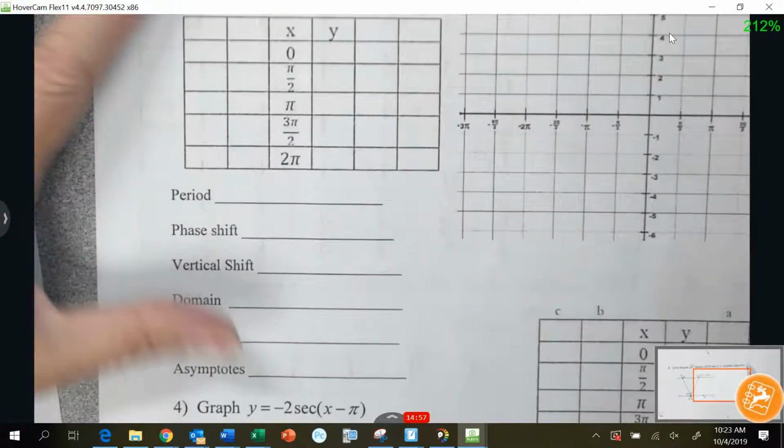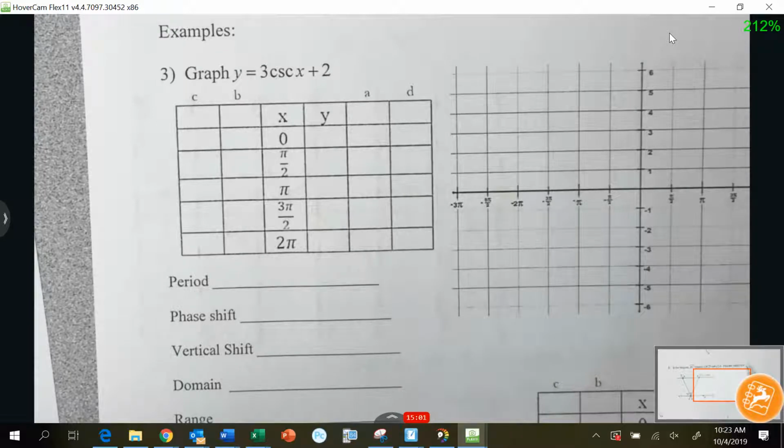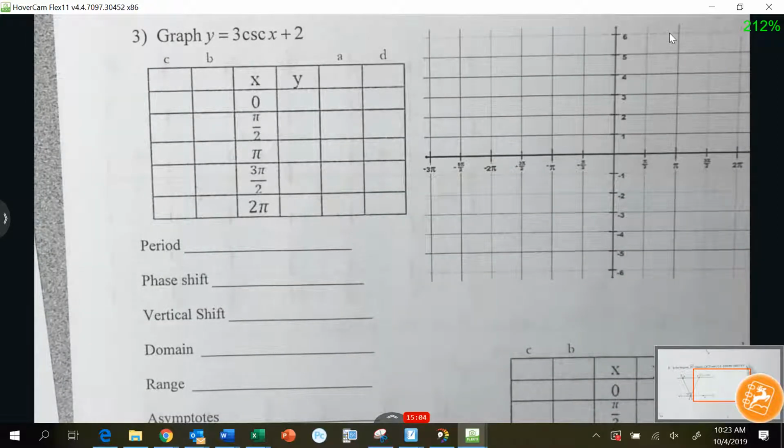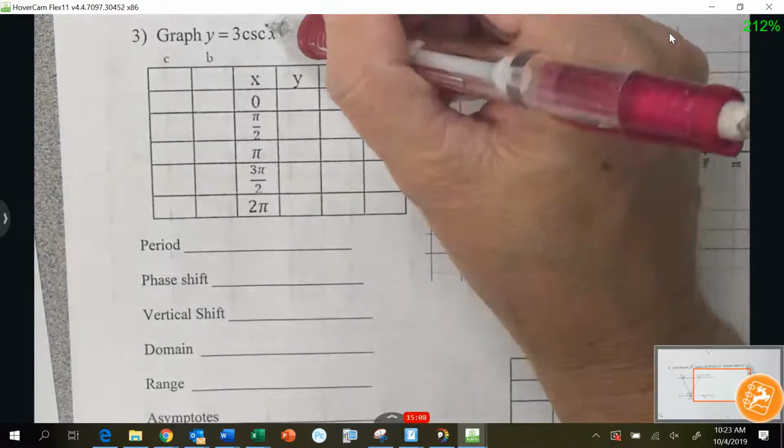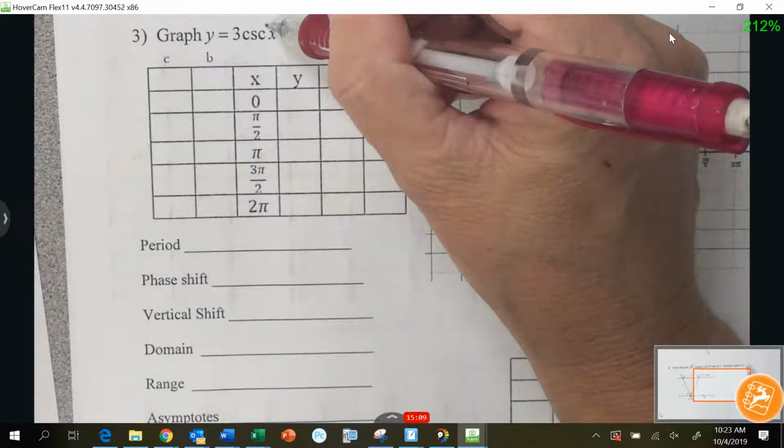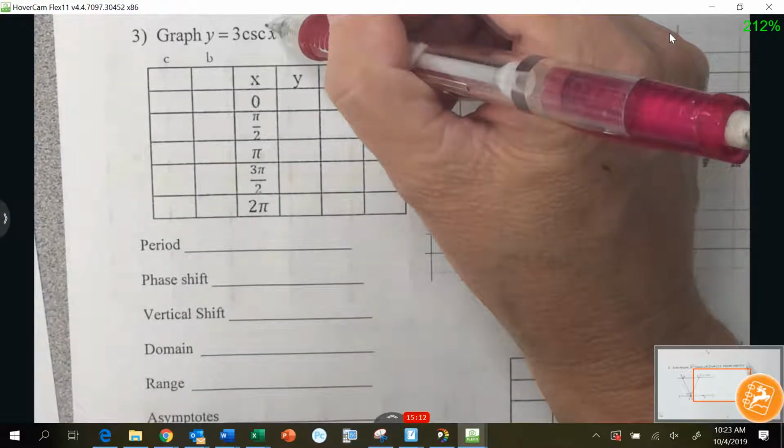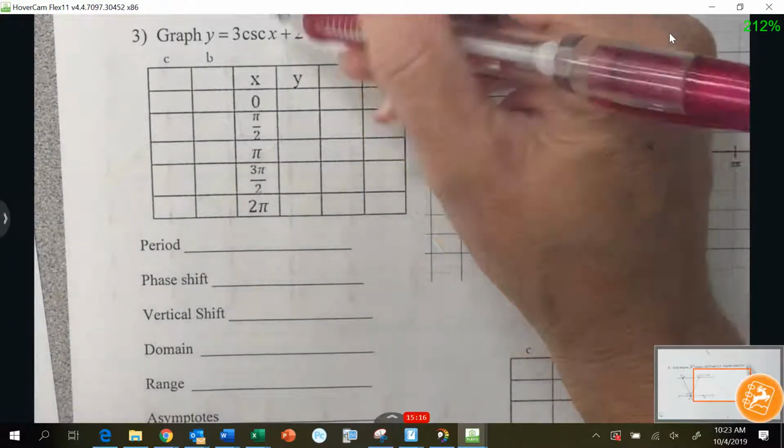So now let's do that with transformation. Okay, so when I do this, I say this one's secant, or cosecant. Which is cosecant the reciprocal of? Sine.